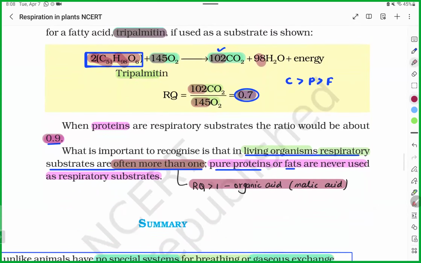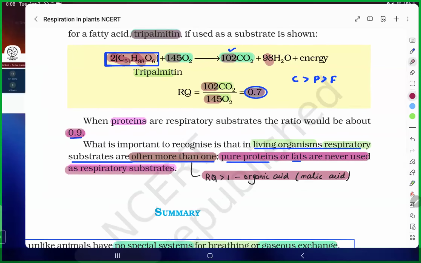Last line. What is important to recognize is that in living organisms the respiratory substrate is more than one. Correct? For example, we can have glucose, carbohydrate, we can have fat, we can have protein. So all three are possible, more than one. Pure protein and fat are never used as respiratory substrate.